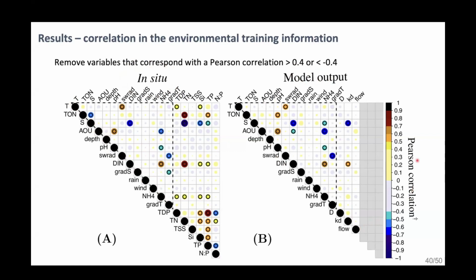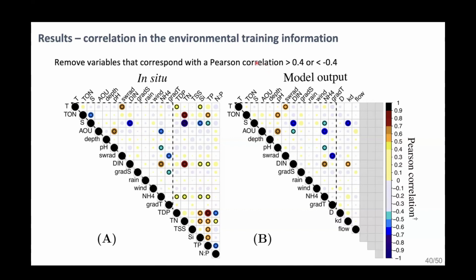The color depicts the Pearson correlation. When the color is warm, it's a positive correlation. When it's cold, it's a negative correlation. To answer our research question, what is the effect of correlations in your training information? We first train the statistical model using all environmental variables, and then in the second experiment, we train the statistical model after we remove specific correlations in the training information.